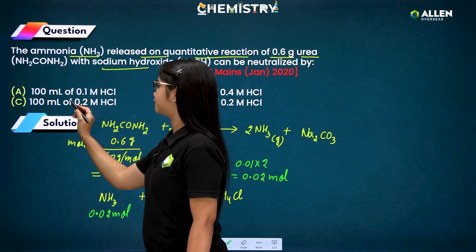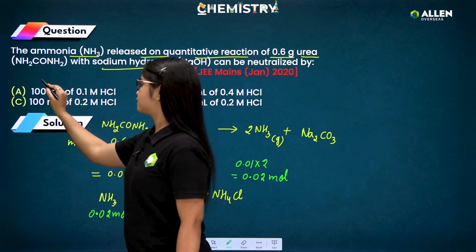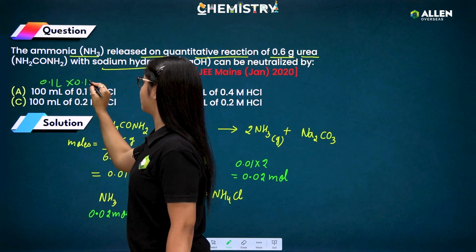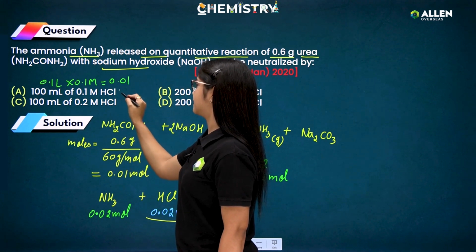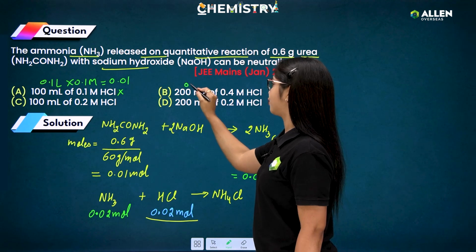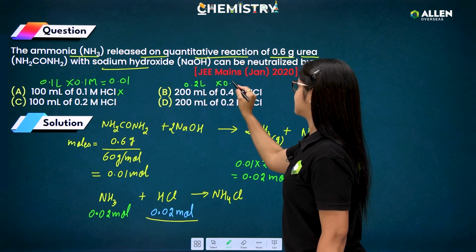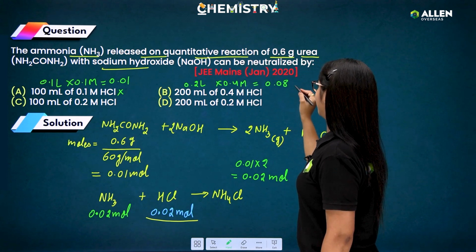In the first option you have 100 ml, so in liter it will be 0.1 liter. 0.1 liter into 0.1 molarity will be 0.01, right? So this cannot be the right answer. In the second one you have 0.2 liter into 0.4 molarity, so it will be 0.08 moles.